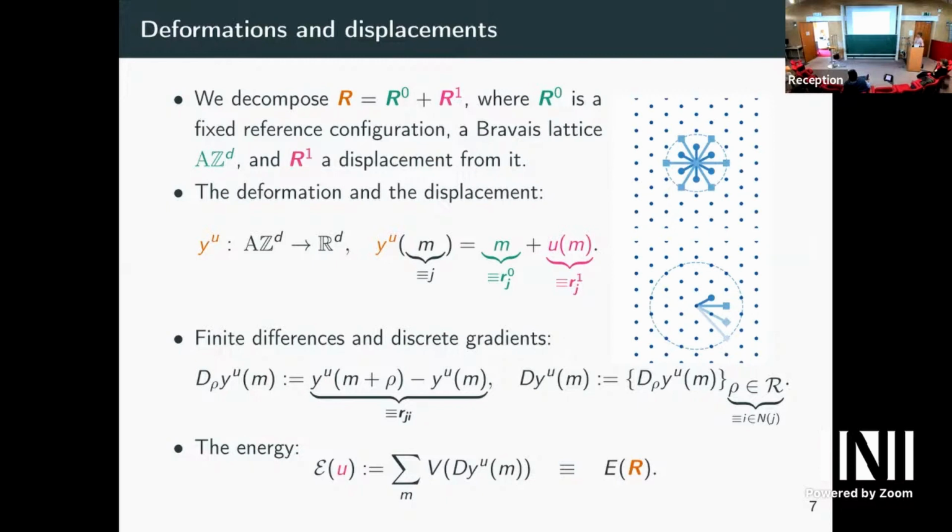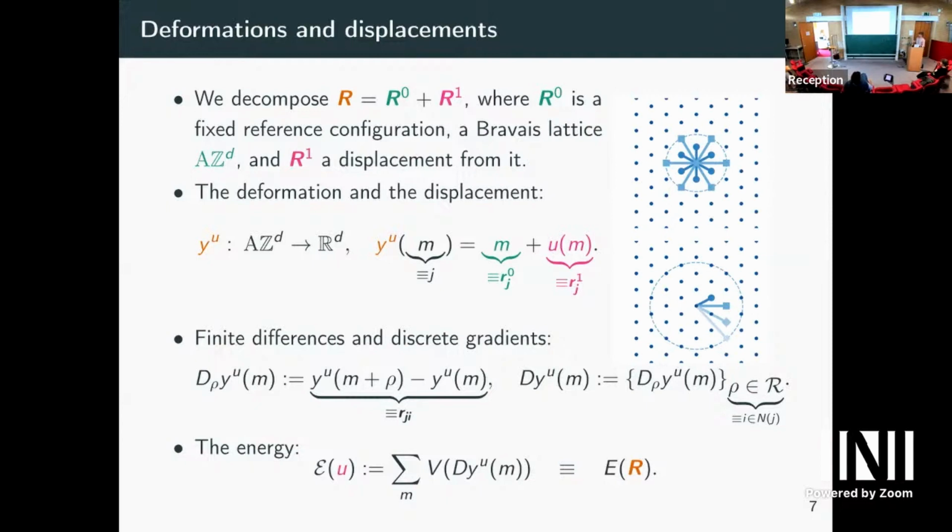And so in the language of continuum elasticity, if you look at deformations, there'll be a deformation which deforms the lattice according to some displacement u. You end up having your mth atom, which you can label, and then it's the jth atom, its original configuration, and then some displacement, and then these distances between atoms can be encoded as finite differences and discrete gradients, as opposed to derivatives and continuum gradients.